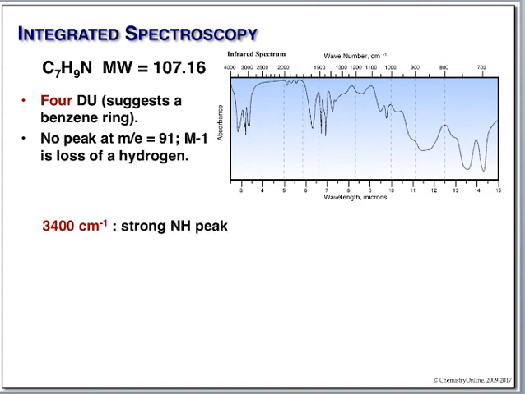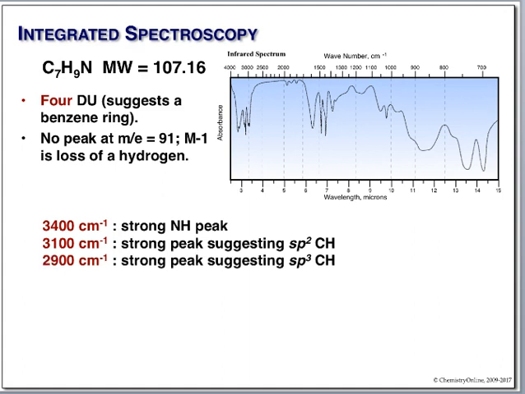Here, this is on the high side of 3000, so this is probably consistent with an arene CH stretch. We have a little peak here on the low side of 3000, which kind of suggests we have sp3 CH as well.